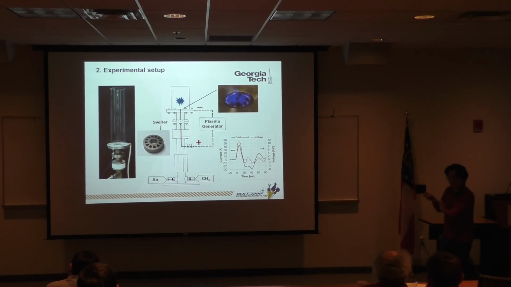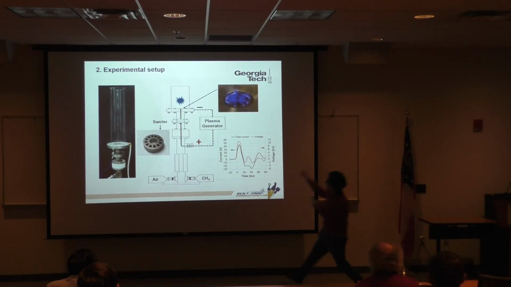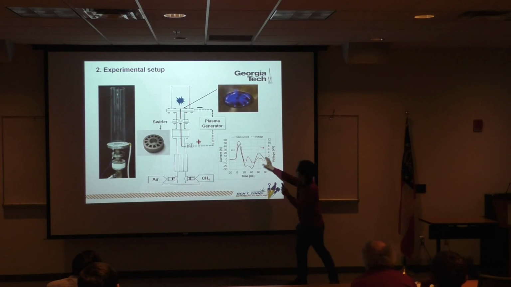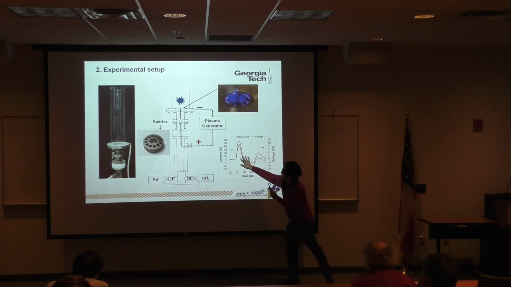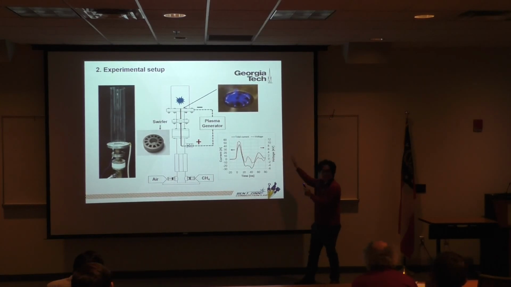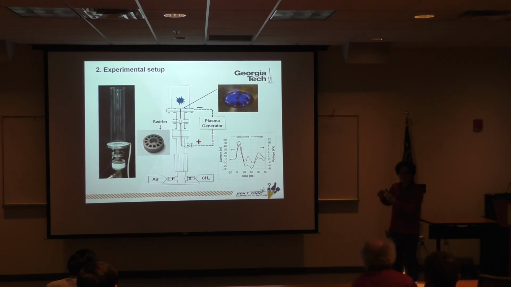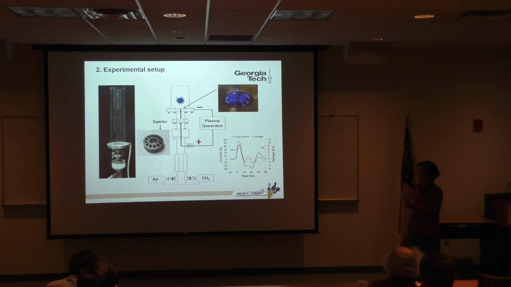Right. So, yeah, I have a current graph and a voltage graph, so I can integrate it and get the energy. And also, this is one pulse, so I know the frequency. So I integrate this and multiply by the frequency, then I can get the energy. Yeah, and then plot energy against it. Yeah, that is a good suggestion. Yeah, I will also do that.